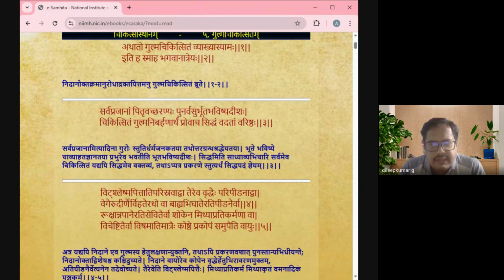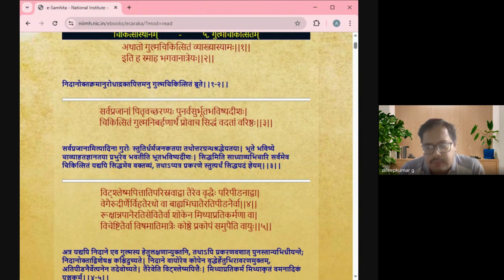Where Acharya has given an in-detail explanation of how gulma develops. In simple words, we can understand gulma in terms of any physiological or anatomical changes in the GIT tract, which may lead to pain in the abdomen, and it can be a palpable swelling, attaining a shape.